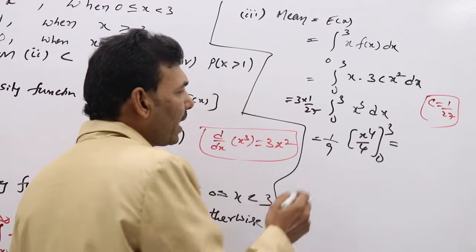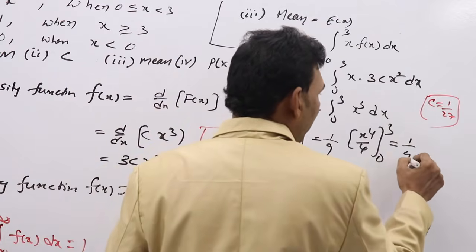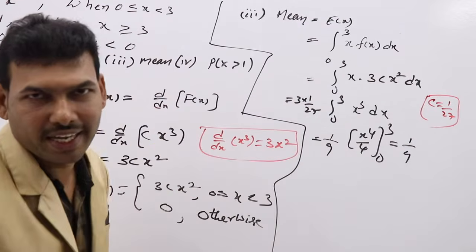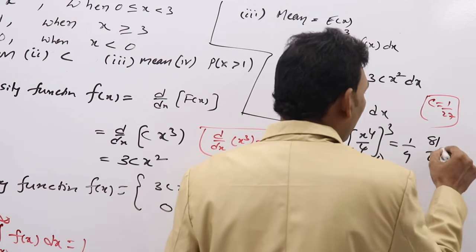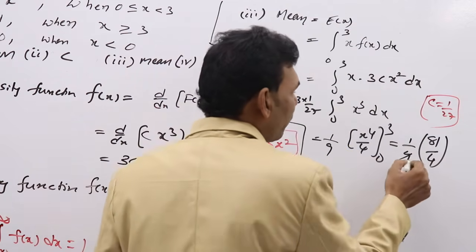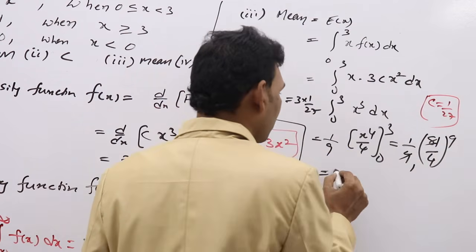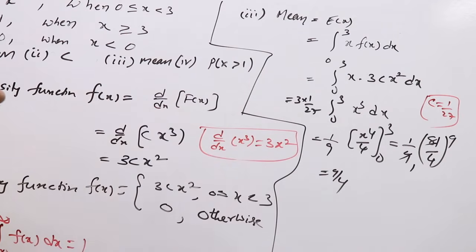So finally, 1 by 9, writing 3 in the place of x, 3 power 4, 3 cube is 27, so 81 by 4. So 9 ones are 9, 9 nines are 81. 9 by 4 is the mean.